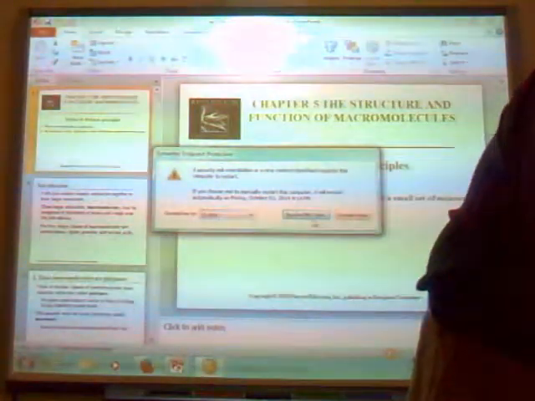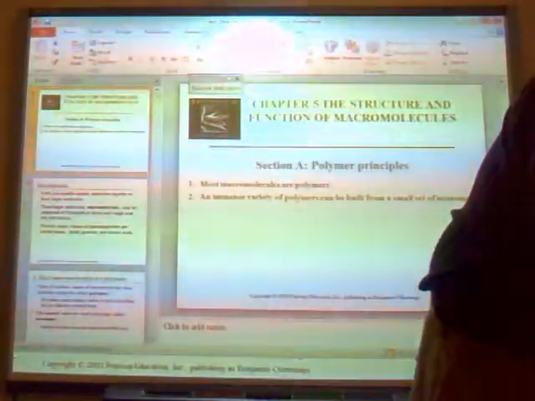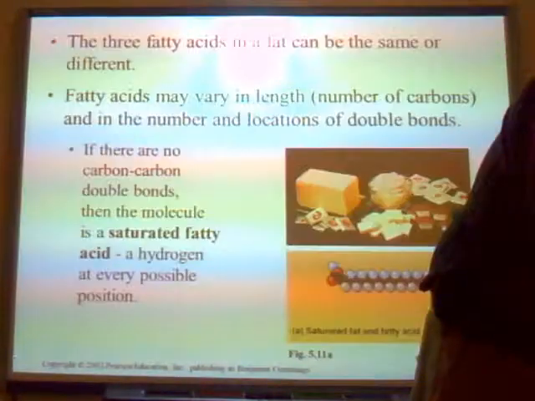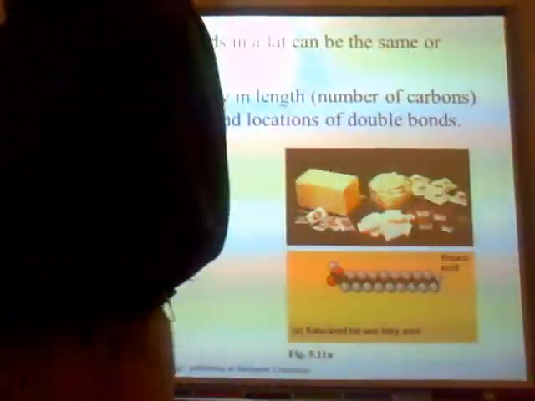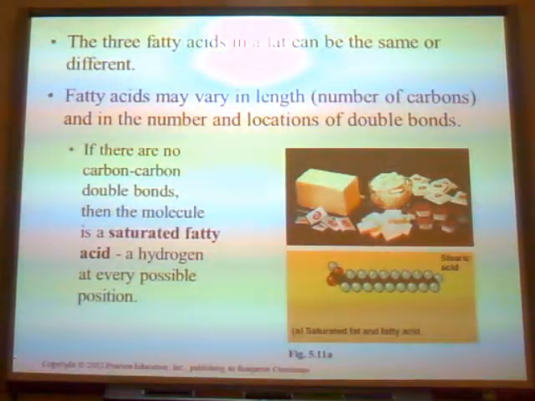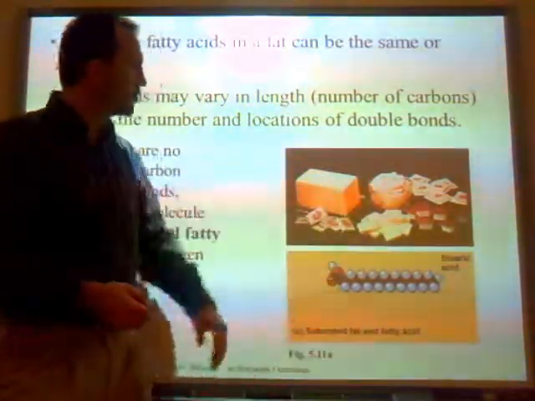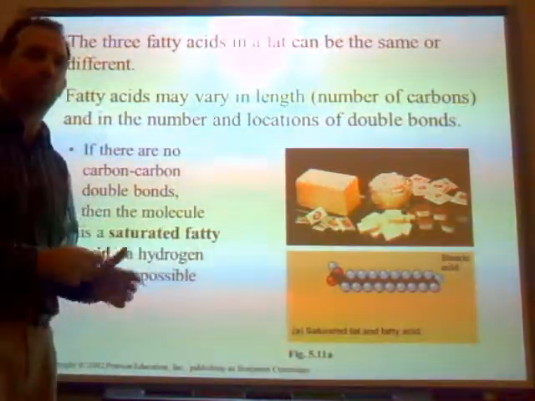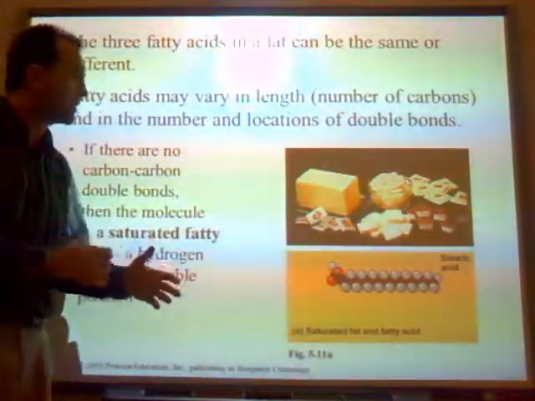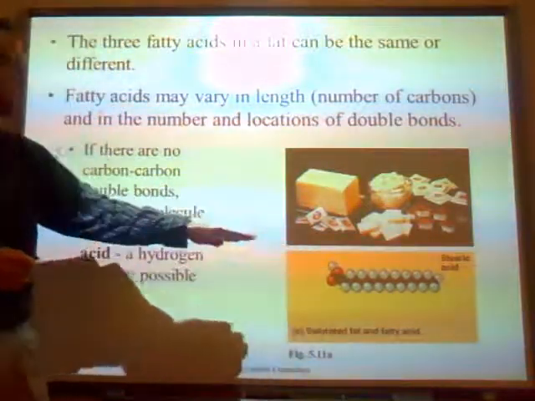In dealing with these compounds, there are some unique features and functions. Here you're looking at some butter and margarine, solids at room temperature, and this occurs because we have single bonds between the carbons.